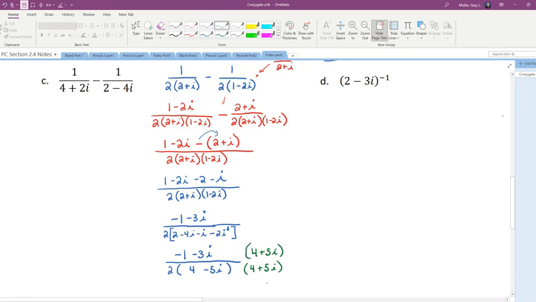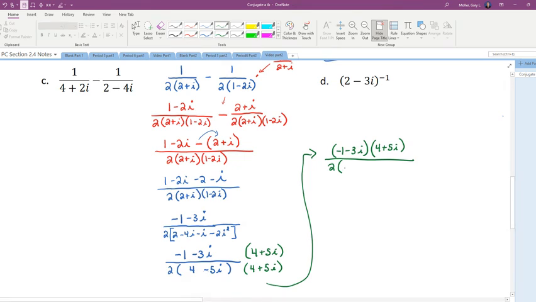I'm just going to move up here, and we'll worry about D in a minute. On top, I'm just going to write it for now: negative 1 minus 3i times 4 plus 5i, over 2 times, and I'll go ahead and do this because this is the shortcut. So everything's going to cancel out for the most part.